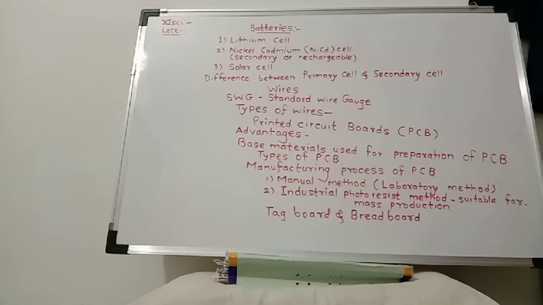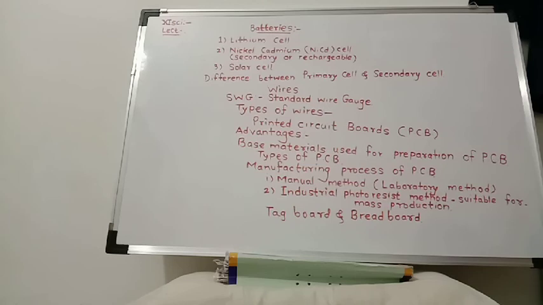For the etching process, ferric chloride is used. Place the copper clad in a plastic tray or glass tray. Water is taken, and in water the ferric chloride, that is FeCl3, is dissolved, and a few drops of concentrated HCl are taken in this solution.